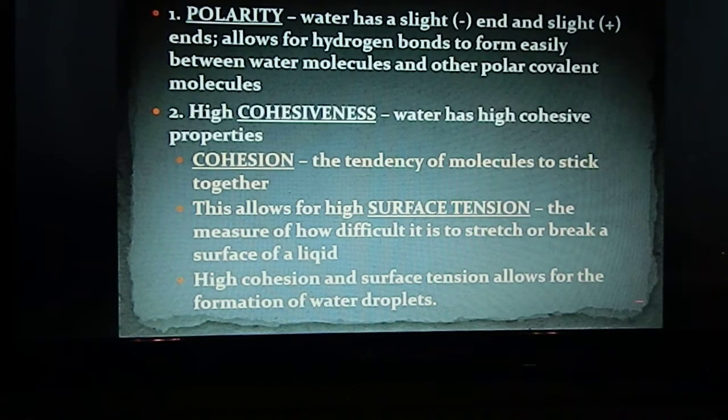So in order to get water from the roots to go up against gravity to get to the leaves, it has to have this high cohesive nature that allows that water to be drawn up through tubes against gravity. And again, the only reason why a plant can do this is because of the high cohesive nature.